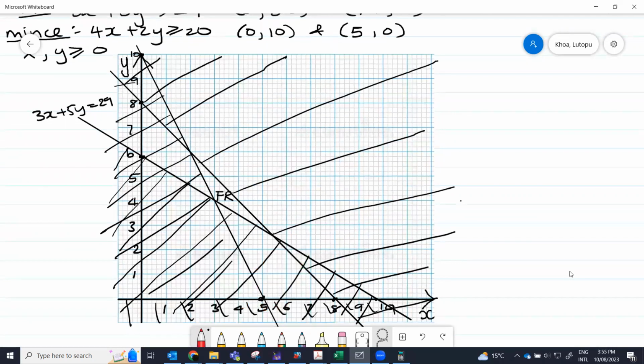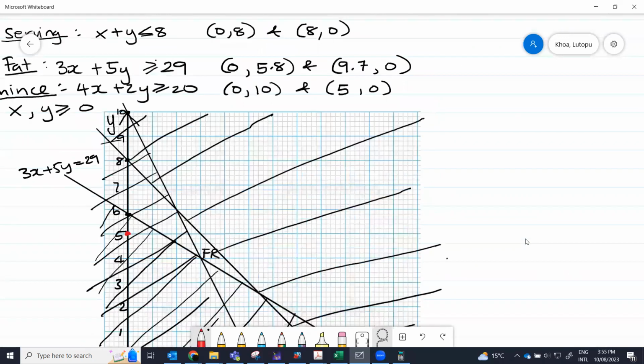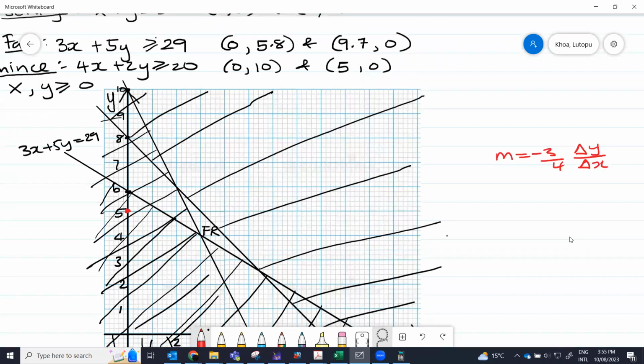So you pick any point on the y-axis, and then you are going to move with a gradient. So here we have m is equal to negative 3 over 4. So this is delta y over delta x. So you're moving 3 units down. So you start at 5, move 3 units down, 1, 2, 3, and then you move delta x, which is 4 units to the right, 1, 2, 3, 4 over here.